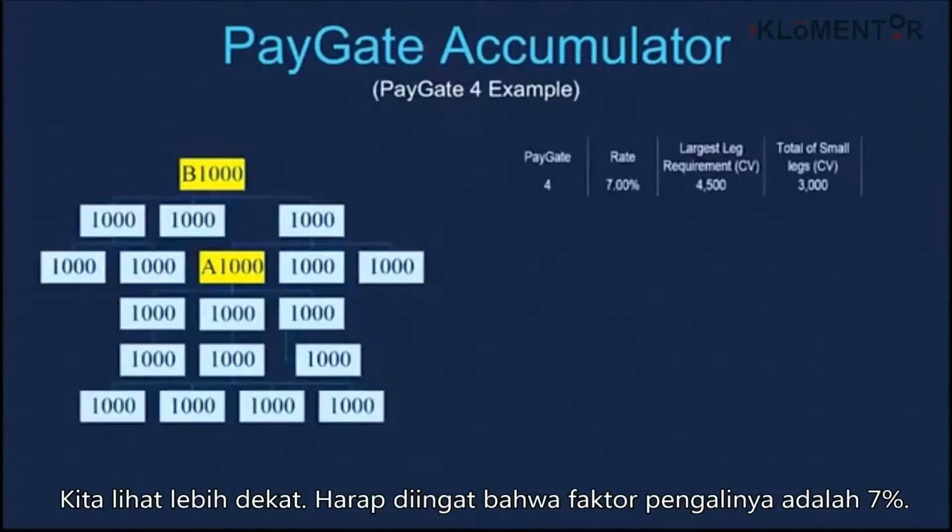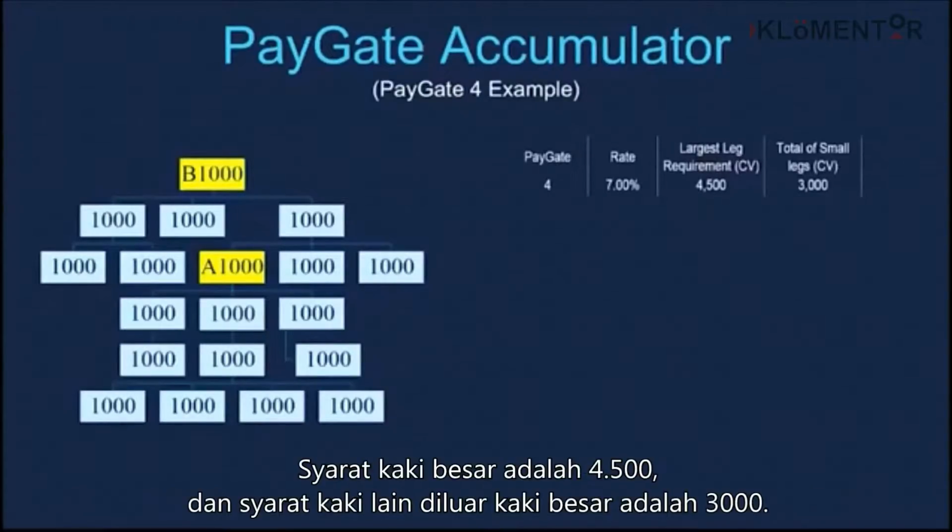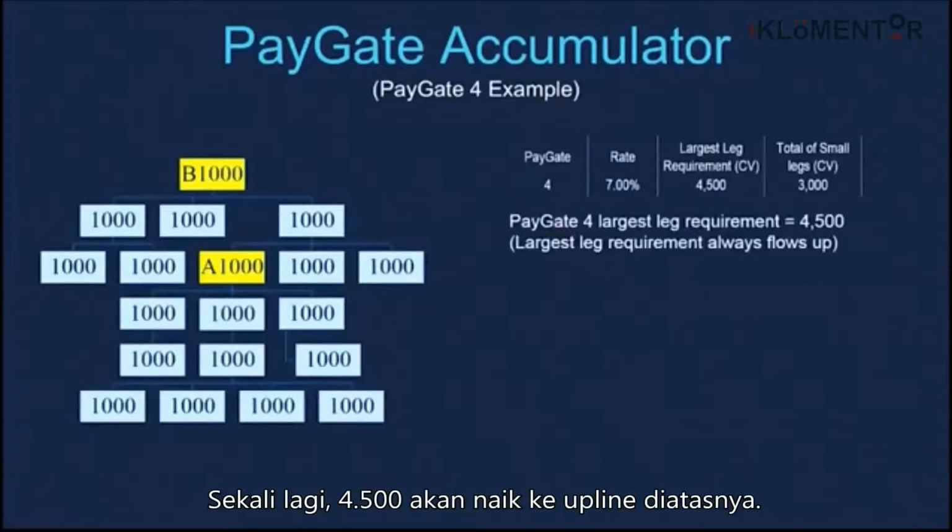Let's remember that for Paygate 4, the rate percentage is 7%. The largest leg requirement is 4,500, and the total outside of the largest leg is 3,000. Again, it's that 4,500 that is going to be passed up to the next level.